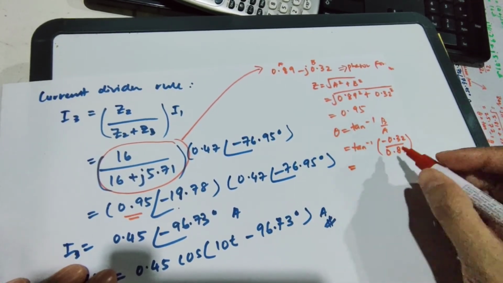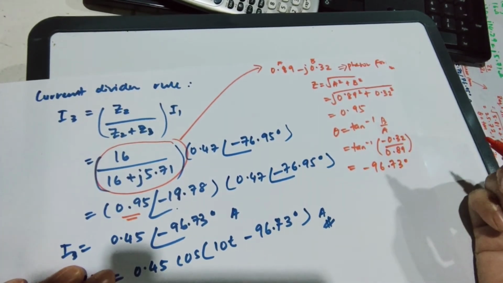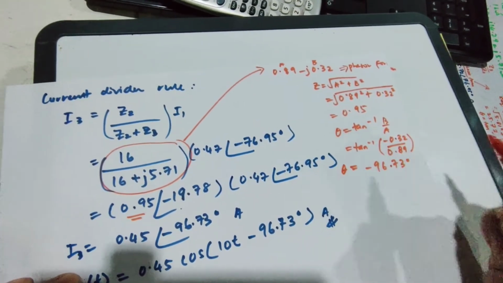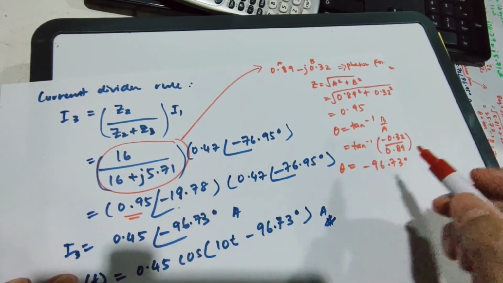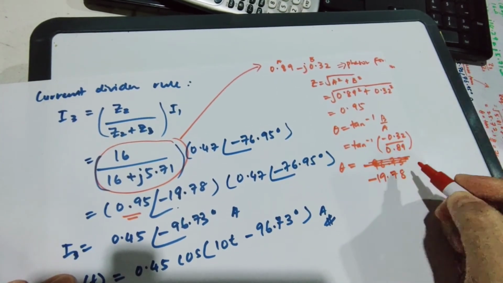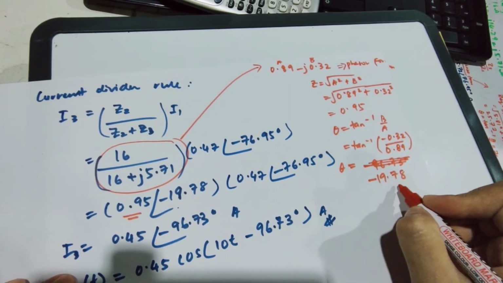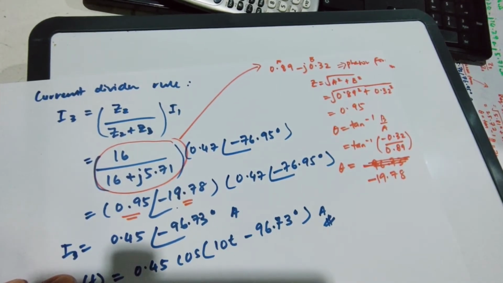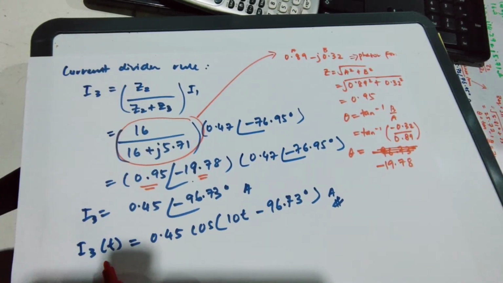So you will get here the answer negative 19.78. So this is our theta. Then you solve it and you get I3 and change it to time domain.